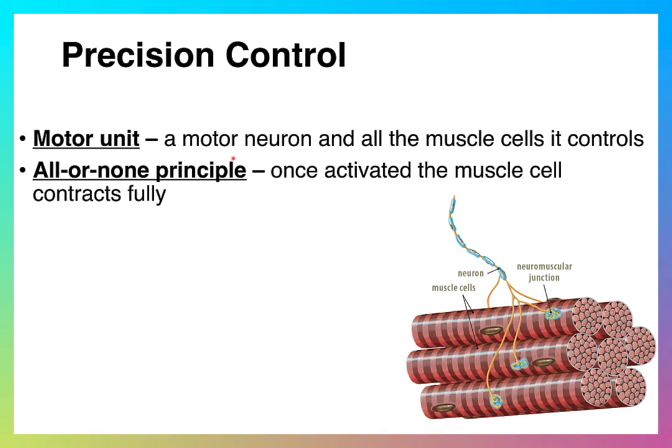If you want to contract very strongly, then you activate a large number of muscle cells, multiple neurons involved. If on the other hand you want to contract something weakly, then you may only activate a few muscle cells and a few neurons. And this is how precision control is undertaken, by controlling which neurons fire and which motor units are activated.